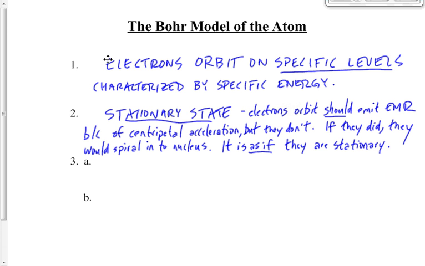Well, electrons can make transitions from one level to the other. If they absorb the right amount of energy, that is, they can jump to a higher level.